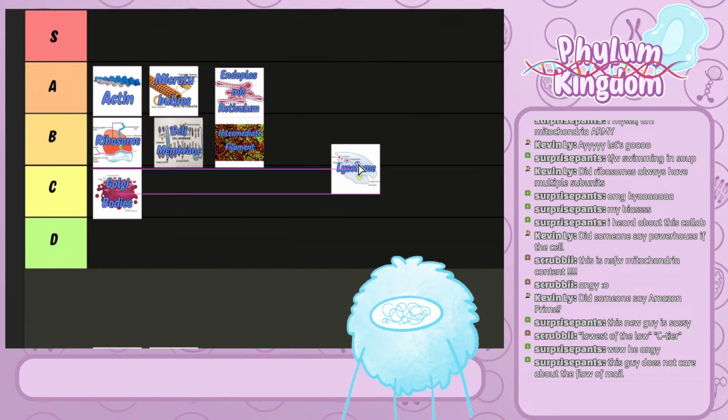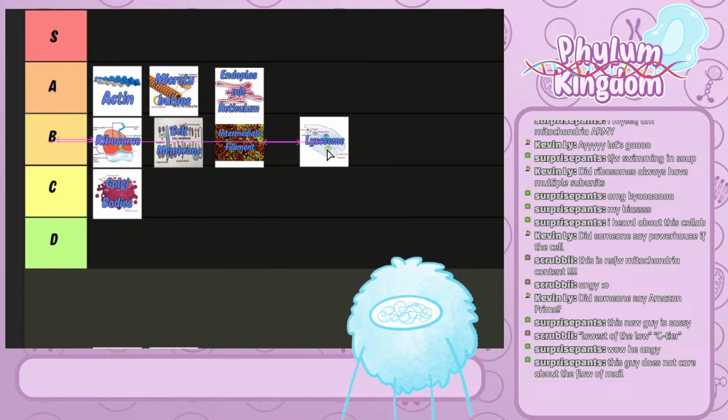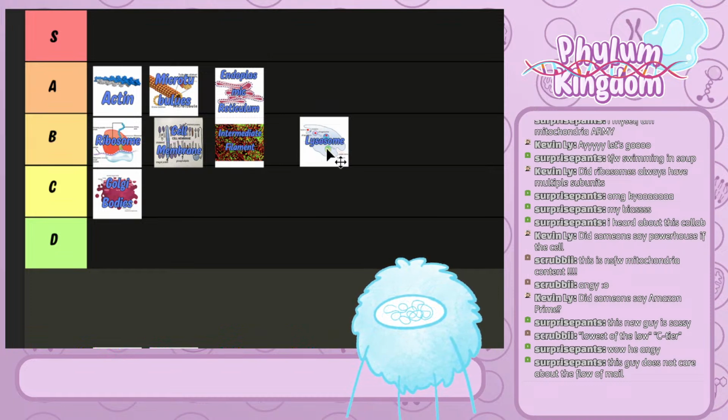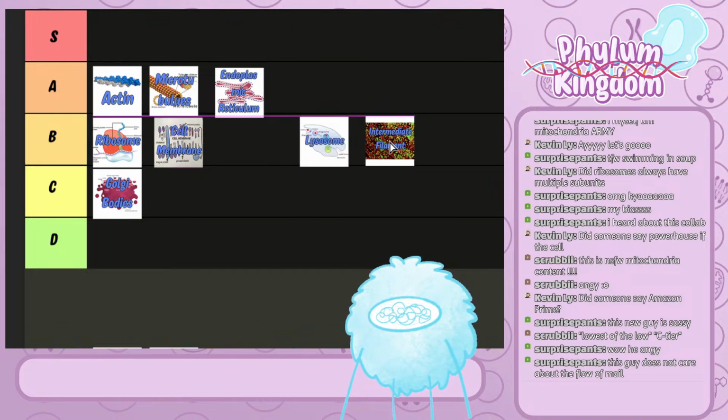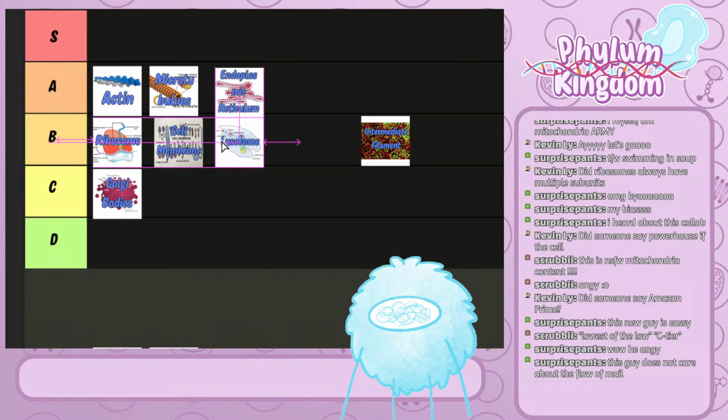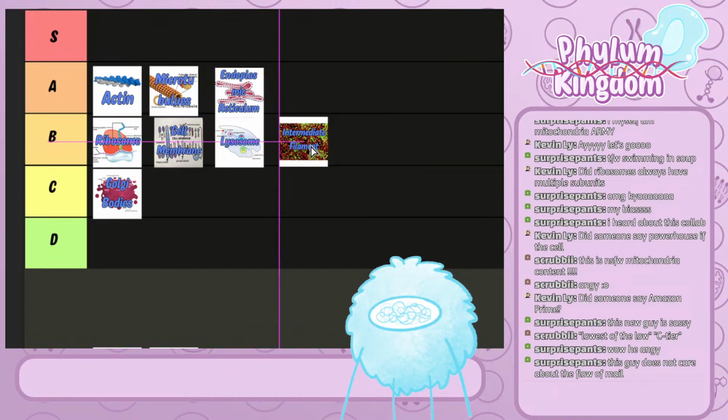So I'm in between an A and a B. It doesn't really scream solves an important problem for the cell, but come on, it's got acid and it melts things. That's just intrinsically cool, right? I think it definitely goes above intermediate filament, maybe below cell membrane. I think I'll leave it here in B tier.